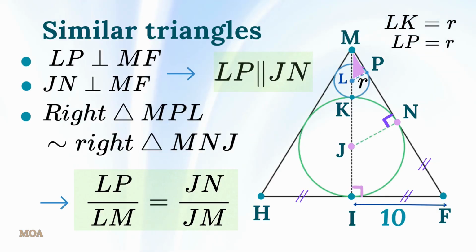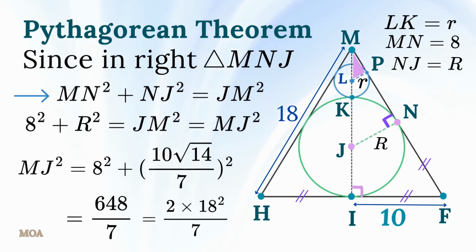To determine the distance JM, we apply the Pythagorean theorem to triangle MNJ, right-angled at N. MN squared plus NJ squared equals JM squared.